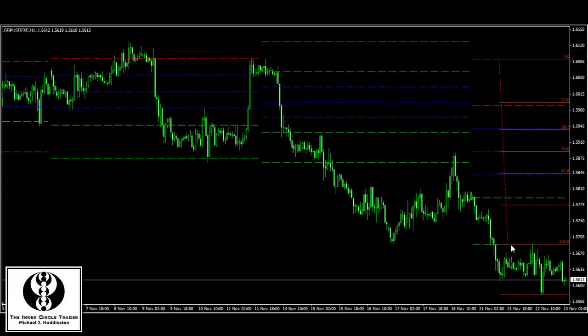So by pulling the fib from the low up to the high, using our extension levels, this was the region to anticipate a low forming.